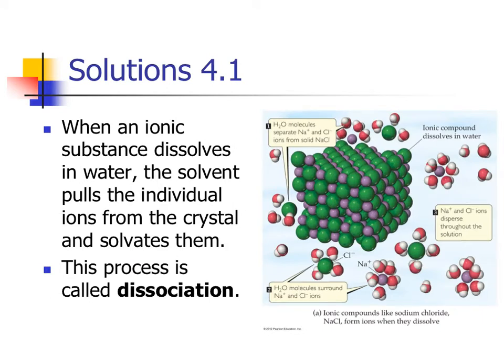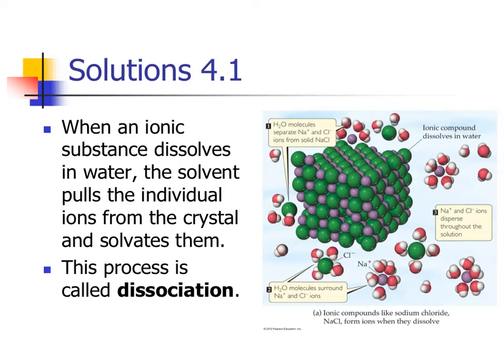I mentioned this term earlier, dissociates. In a polar solution, the solvent will dissociate ionic compounds, or polar compounds as well. The side that has the negative charge will be attracted to the side that has the positive charge, and vice versa.